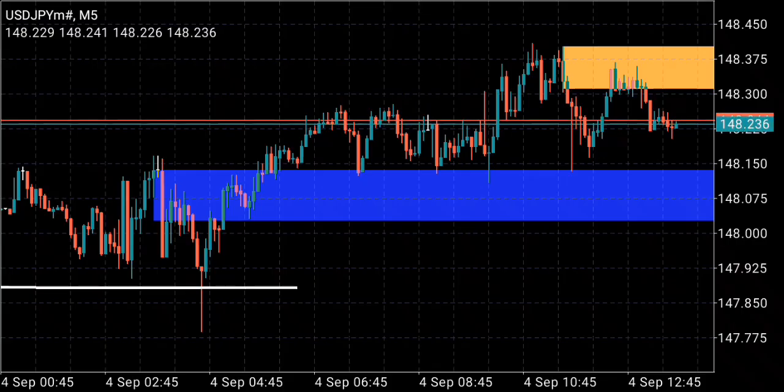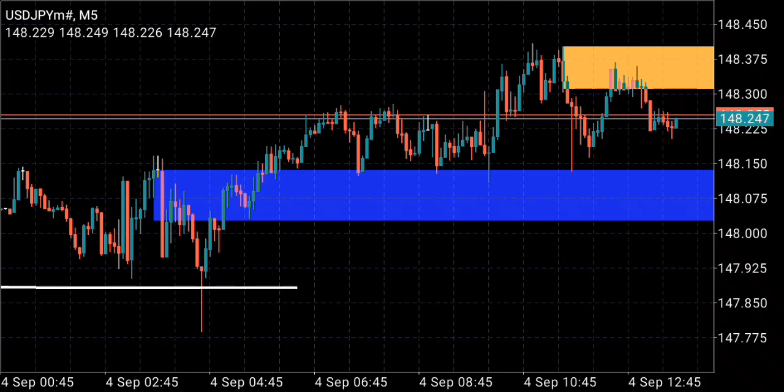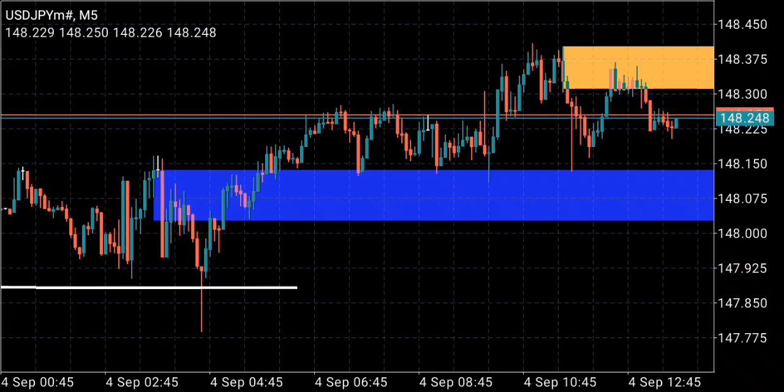Price will go through that orange shaded area, then bounce on it, and price goes higher. That is what I'm waiting for at the moment. So let's wait and see whether the idea will hold.